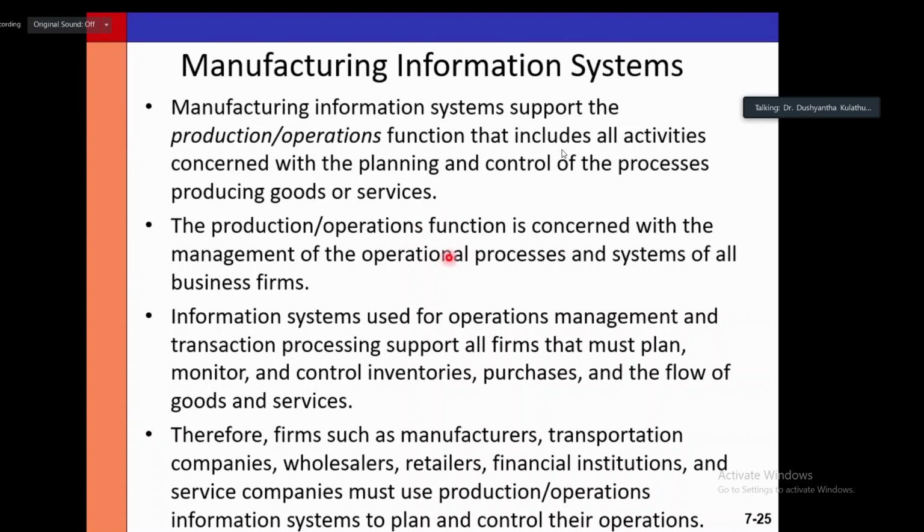These functions are concerned with the management of the operational processes and systems of all business firms. Information systems used for operations management and transaction processing support all firms that must plan, monitor, and control inventories, purchases, and the flow of goods and services.